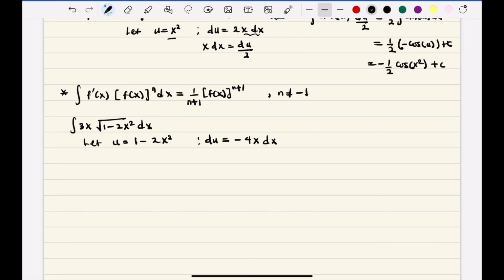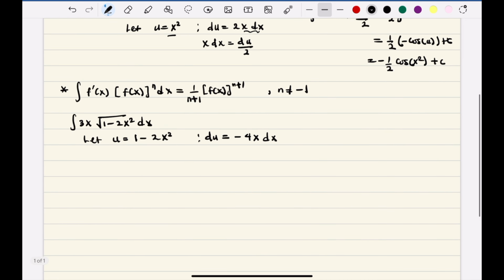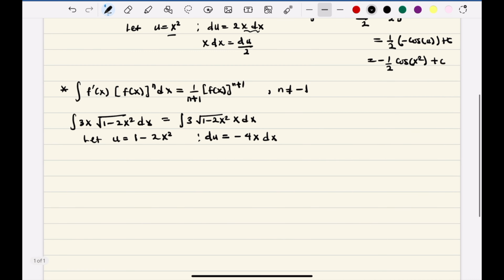Now this can be written as the integral of 3 multiplied by the square root of 1 minus 2x squared, times x dx. It's still the same thing, I just rewrote it. Now if I make x dx the subject of the formula, I'm going to have negative du divided by 4.